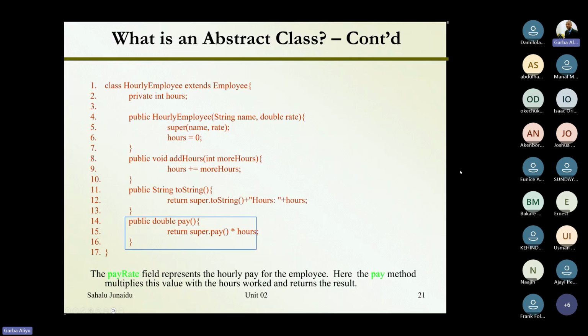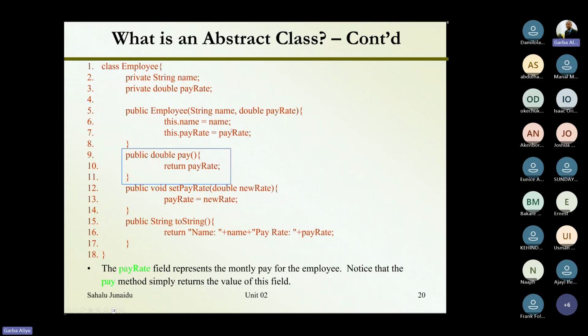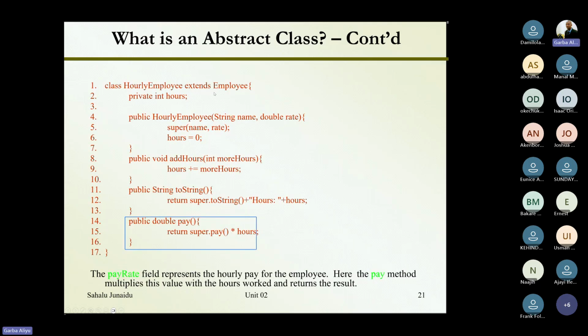All right, so still on motivation, why do we need to have an abstract class? Here now we have HourlyEmployee extends Employee. Employee is the superclass, and here we are creating a subclass that extends it. In HourlyEmployee, pay depends on the number of hours.